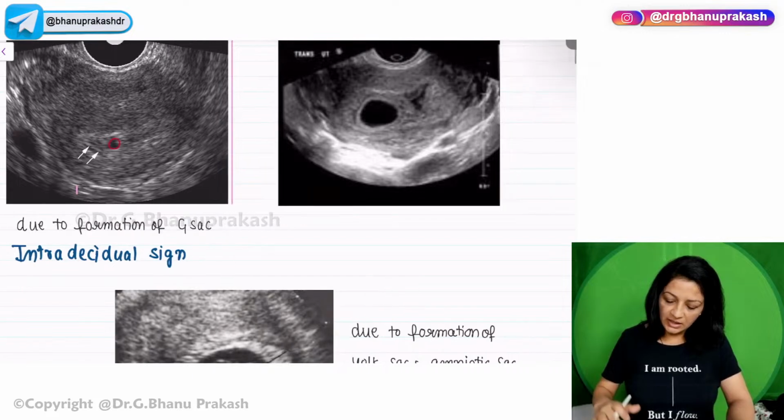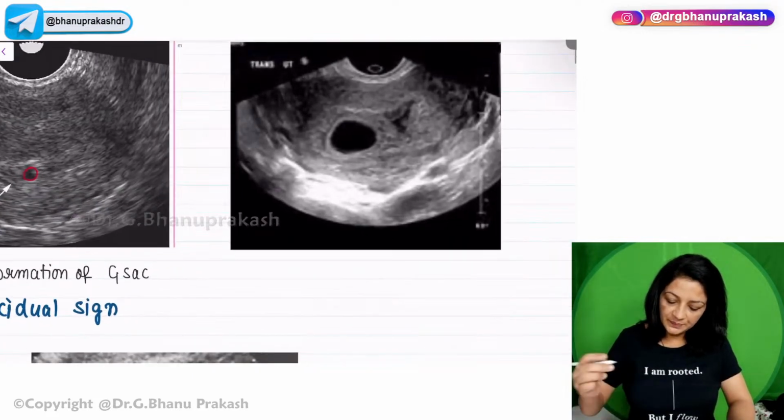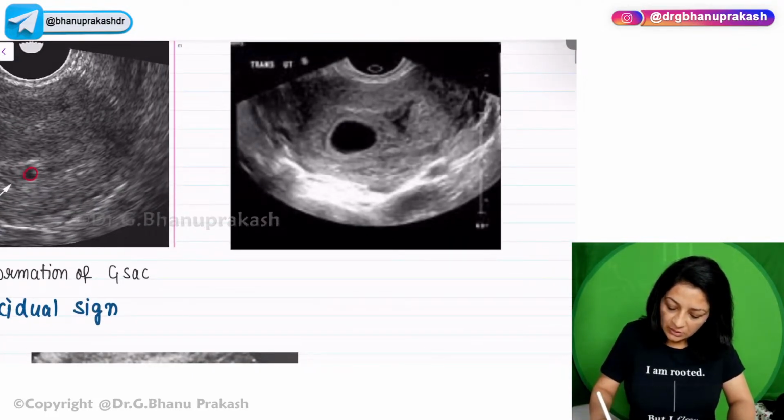So the second one, in the second image, you can see two rings are formed, an inner and an outer ring.